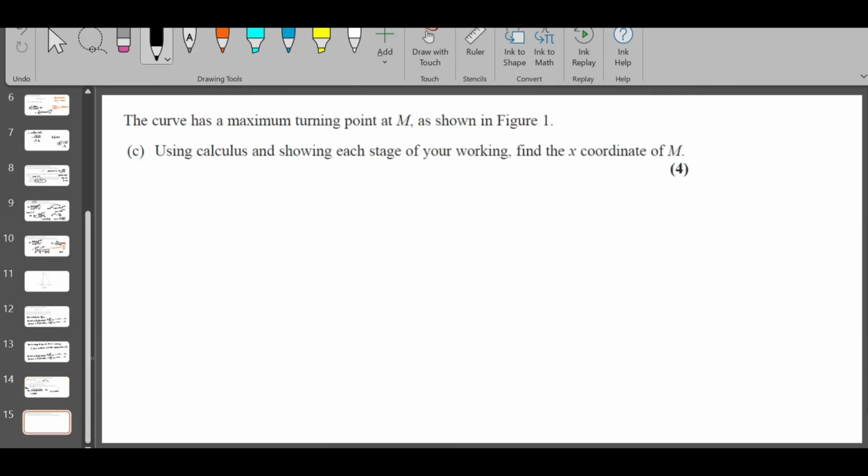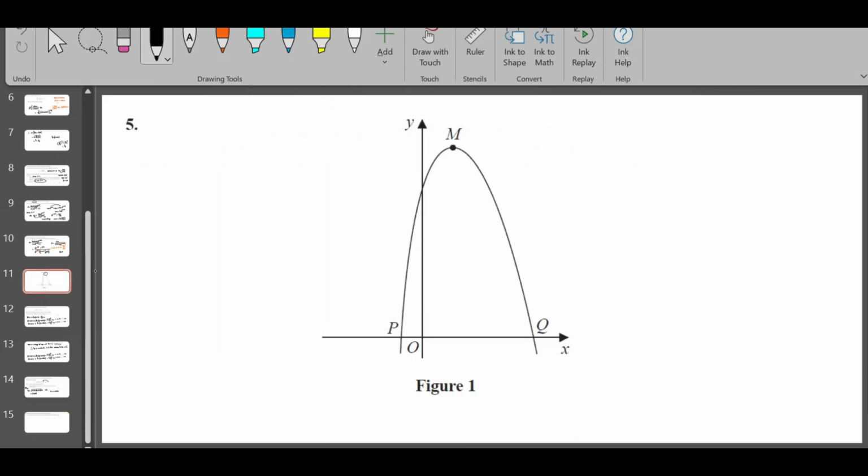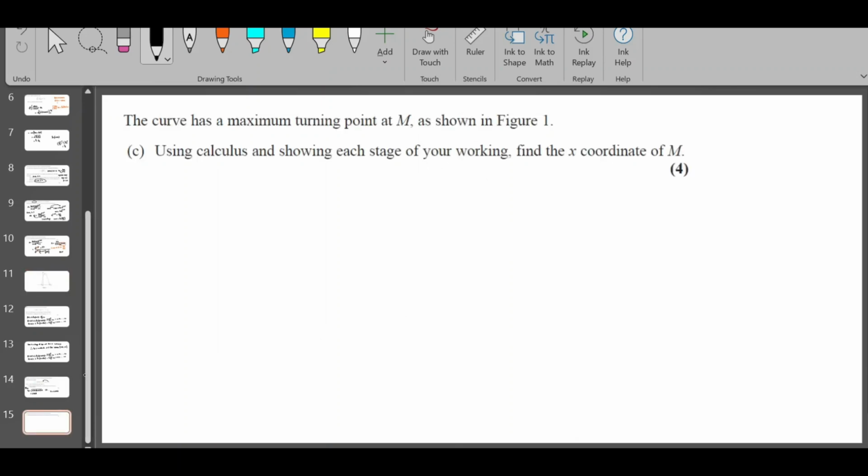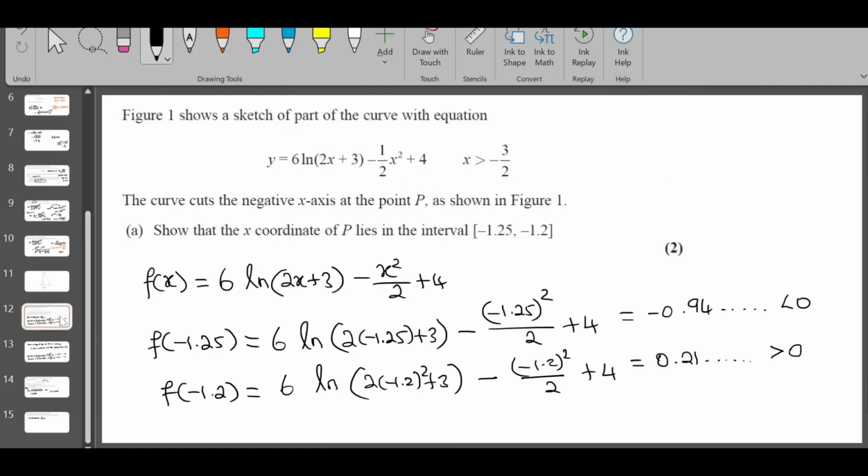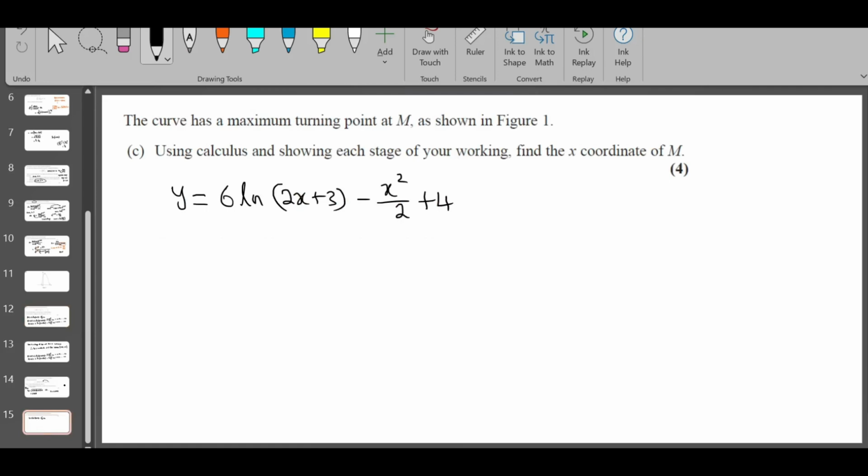Part C now. The curve has a maximum turning point at M, as you can see here. That's a maximum turning point. Using calculus showing each stage of your working, find the x coordinate of this. So you need to take y, the function y, which is 6 ln(2x plus 3) minus x square over 2 plus 4, right? To find the stationary point, you need to differentiate it and equate it to 0.